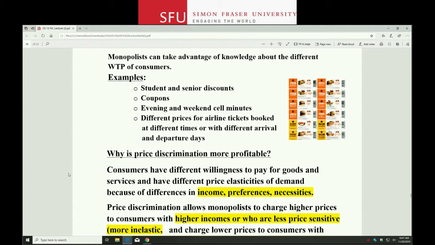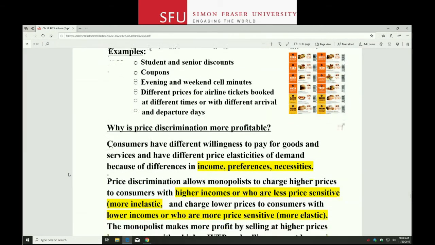And then they will charge lower prices for the opposite: people who they think have a lower income or whose demand would be more elastic.